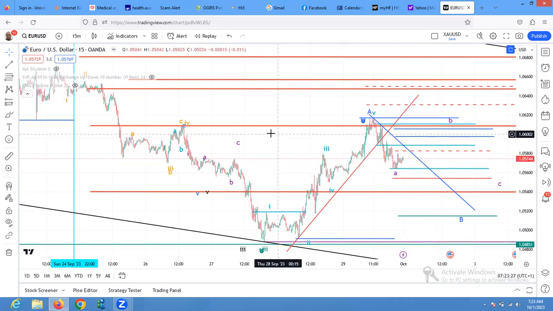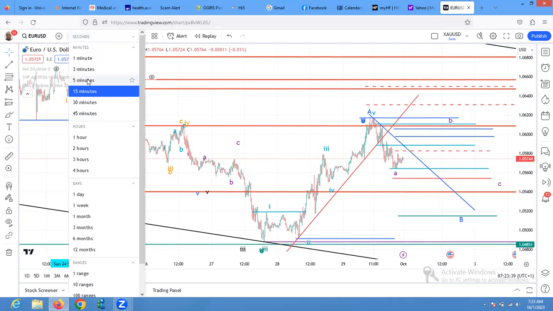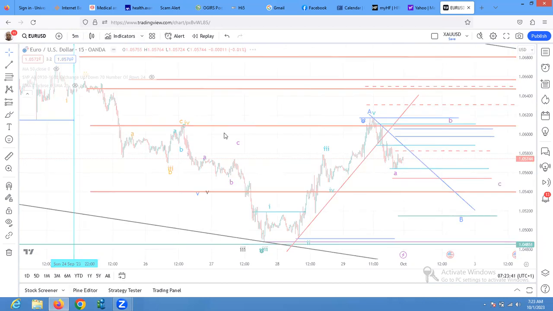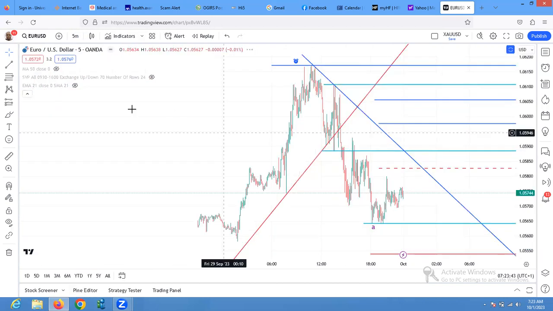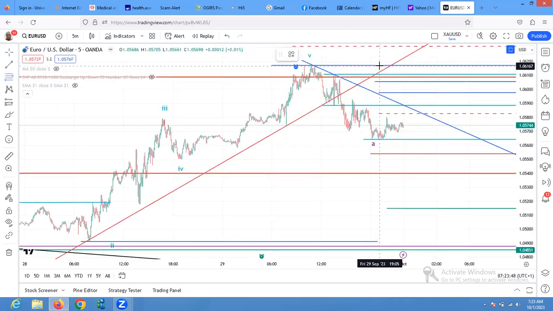Now, this is a 1 and a 2, and this is quite right for a 3, because this is actually 1.8. If I'm right, if I'm correct, let's look at the 5 minutes time frame. I'm digging deep. Okay, so let's look at it from this point to this point.